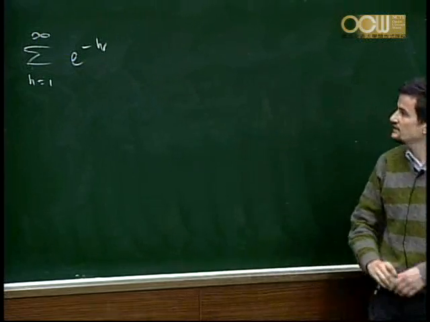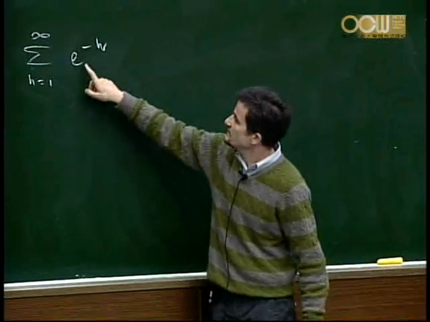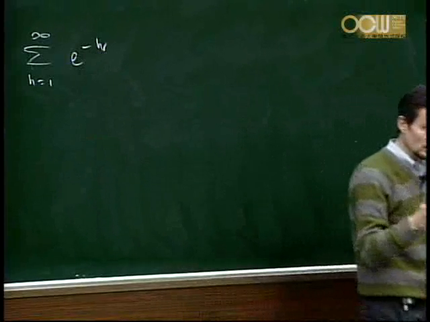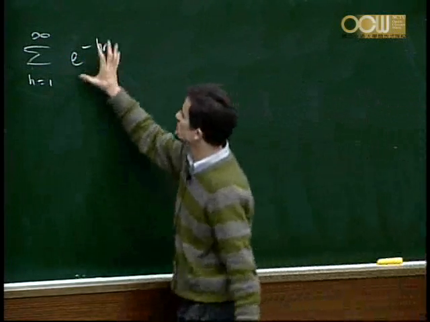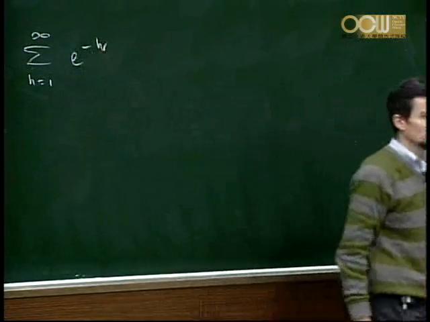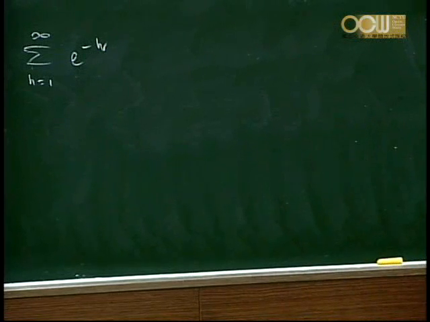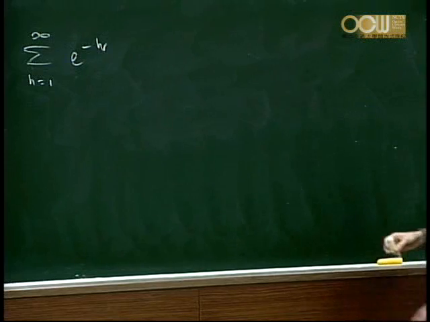Here you see that e to the minus n as n tends to infinity will go to 0 very, very quickly. As n is getting large, this will get small very quickly. So you certainly expect that this series is convergent. This will be your natural guess.